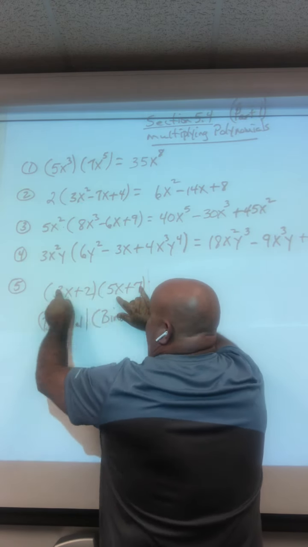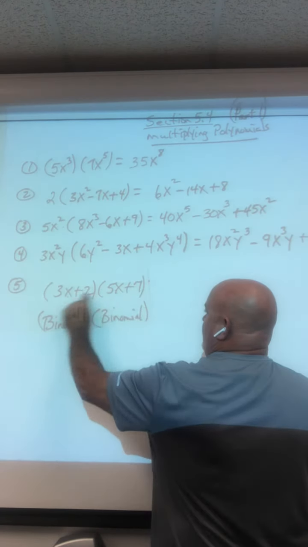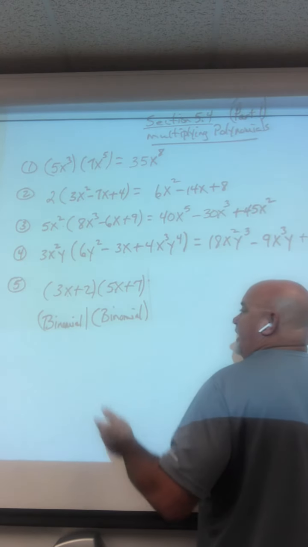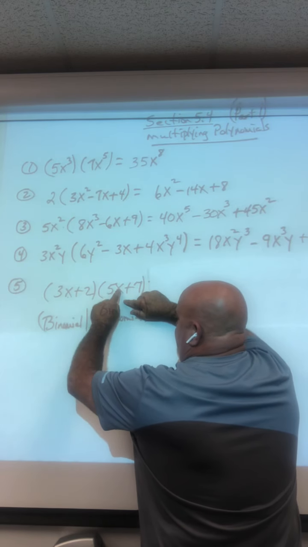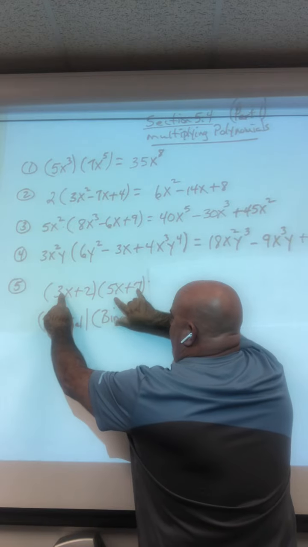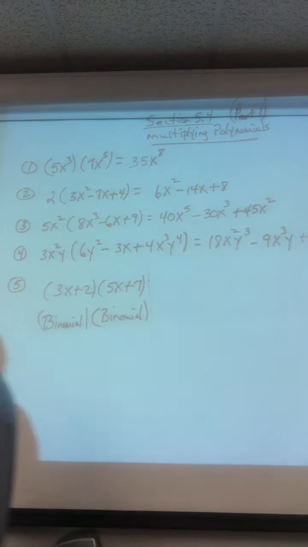Kind of like distributive property, if you will. So I'm going to distribute this with the 3x. And then after I do that, I'm going to do it again, but I'm going to distribute it with the 2 times this one, 2 times this one. So it's this one times both of these, and then this one times both of these. All right, so let's do that.